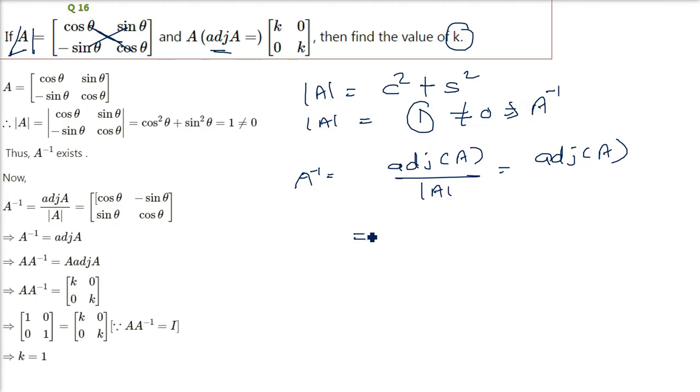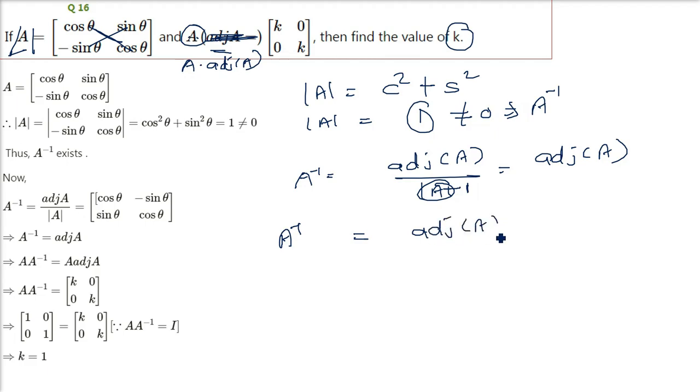Now, as I said, we have established that A inverse exists. Now we will multiply both sides by A. We need to find A into adjoint A, so we multiply A on both sides just to get what is required on the right hand side.